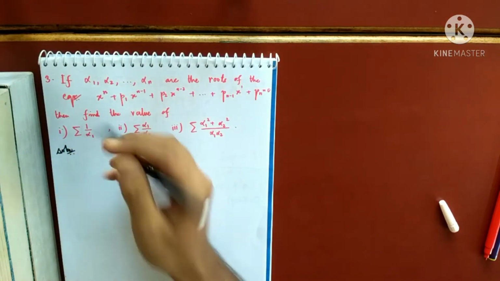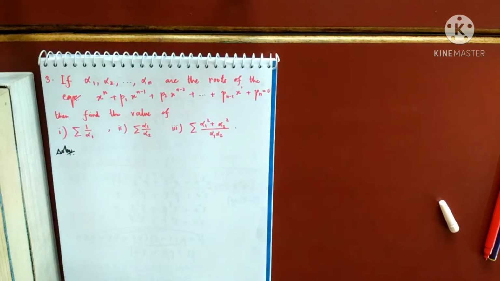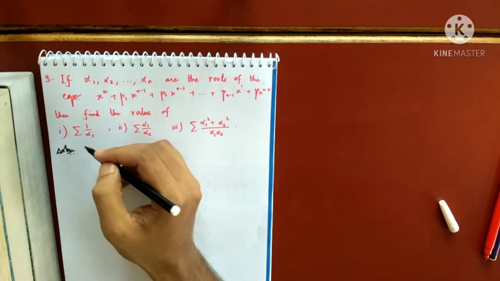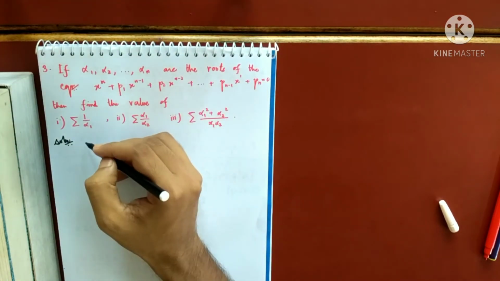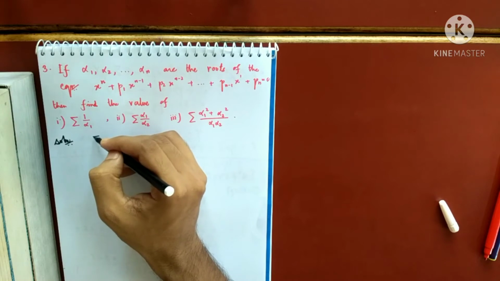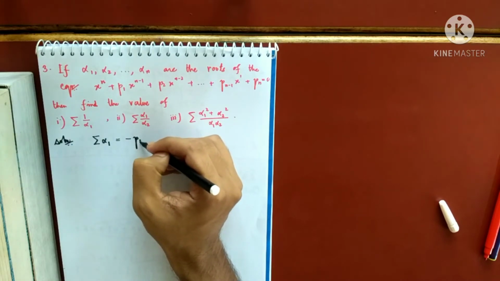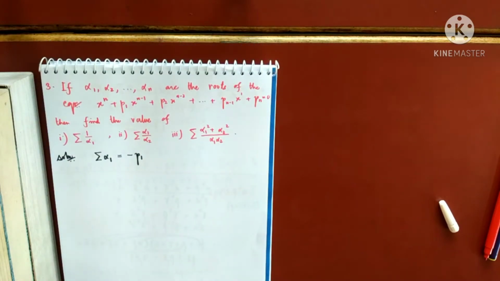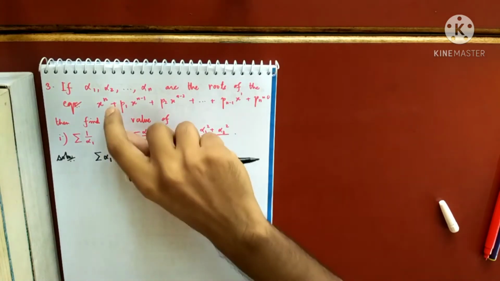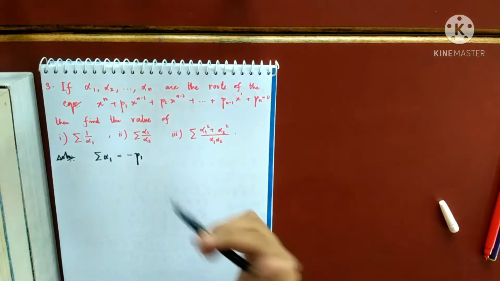The first thing to start is to write the relation between roots and coefficients. Since they are the roots, what can I write? The summation of all the roots, summation alpha 1, will be minus p1. You know the rule? The first relation is alpha 1 plus alpha 2 plus ... alpha n is minus of this coefficient, right?